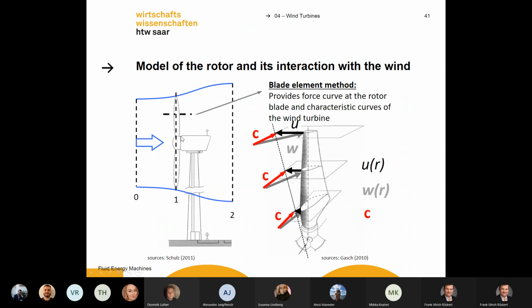If you're at a small radius, you have lower U values, and at higher radii you have higher U velocities, so you need other velocity triangles. To fulfill this, you have to rotate the plate.